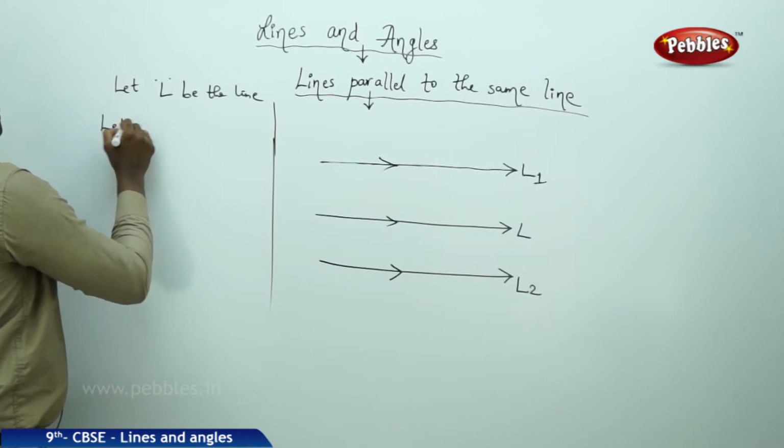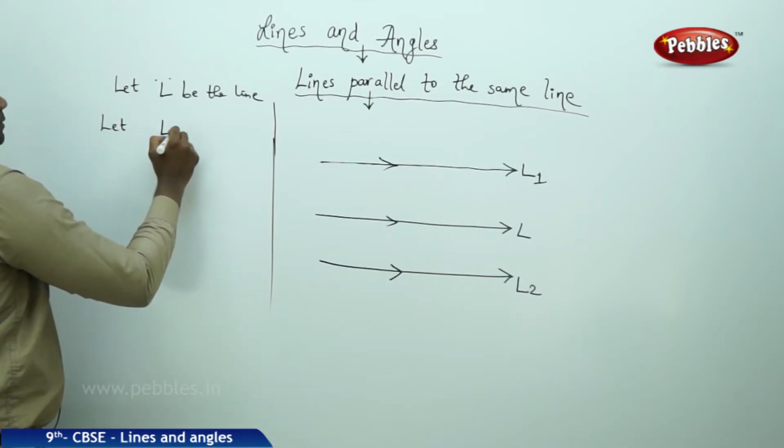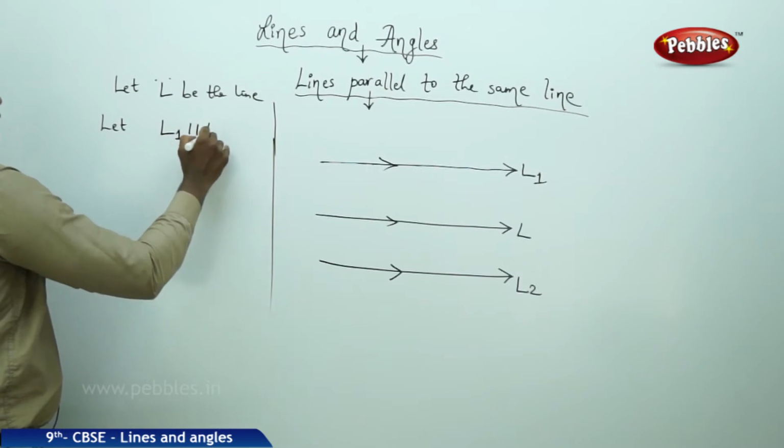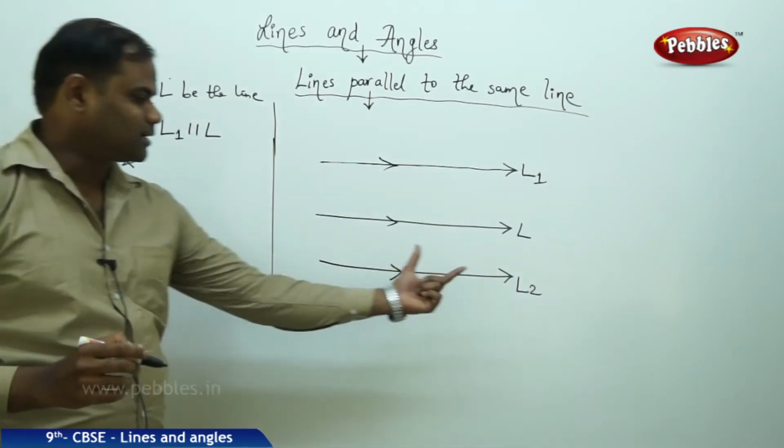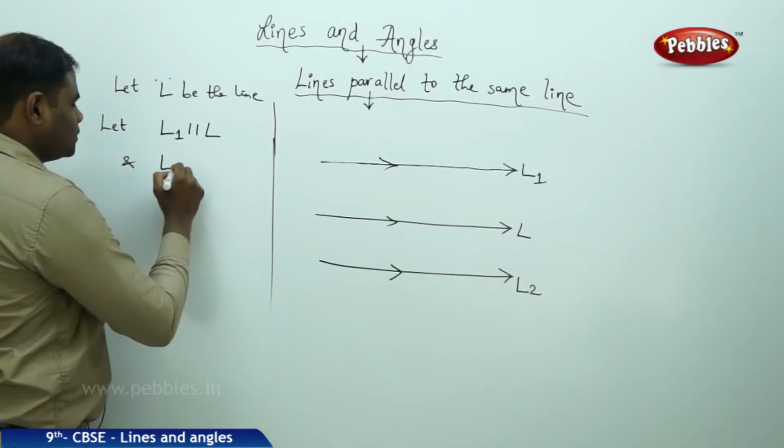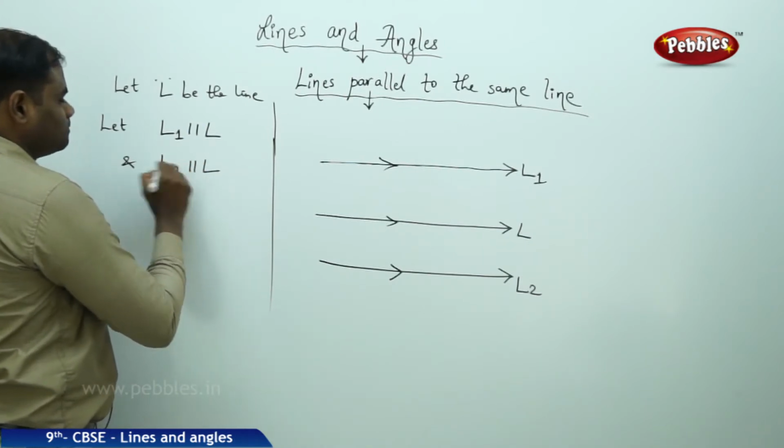Now let L1 be parallel to L, and there exists another line L2 which is also equally parallel to L.